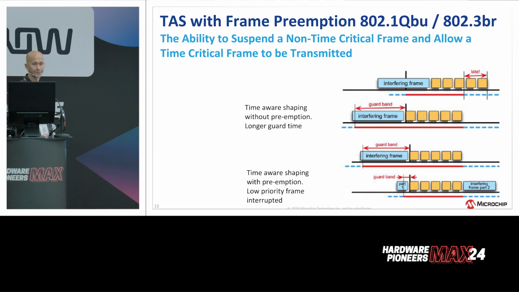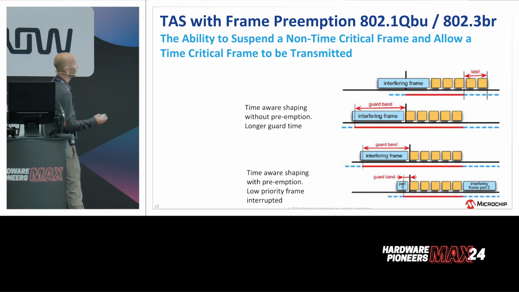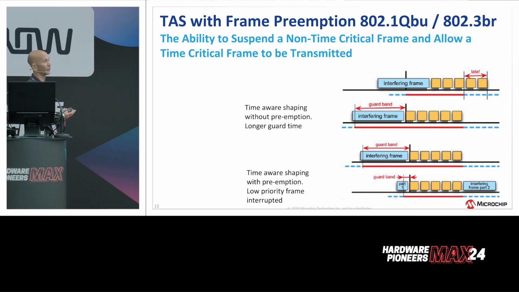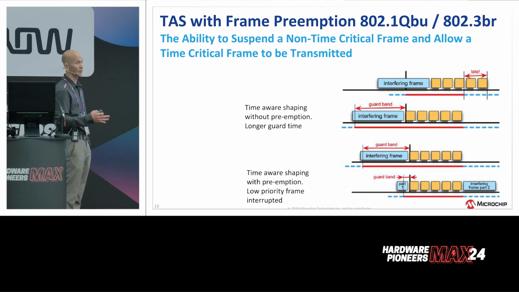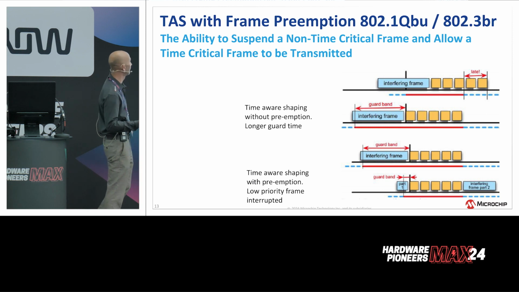Here, this shows time-aware scheduling with frame preemption. On the top right image, we've got a blue frame, called an interfering frame. Because that frame is on the wire at the same time as, or before, we're trying to transmit the 5 yellow-orange frames, the last 2 orange frames are delayed, so they're out of spec with the protocol.